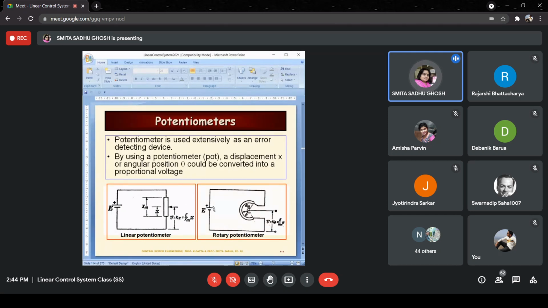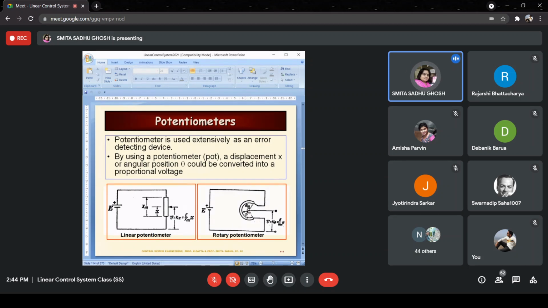On the right hand side now we have a similar diagram which is the rotary equivalent of the linear potentiometer. On this diagram we have again the source of excitation which is E, and we have this resistive element. Now the resistive element over here is circular in nature compared to the straight line one that we had for the linear potentiometer.